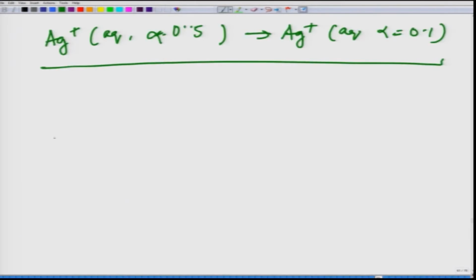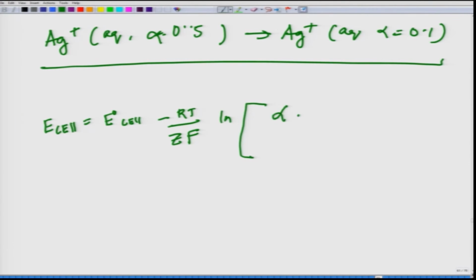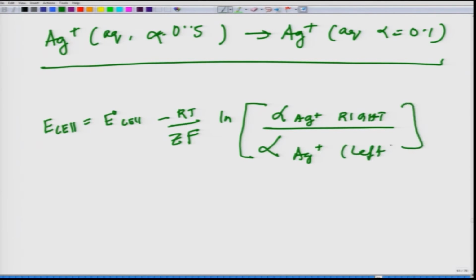If you put the Nernst equation in place for this, E of cell is equal to E standard reduction potential minus RT over ZF times the log of Ag plus on the right divided by Ag plus on the left.